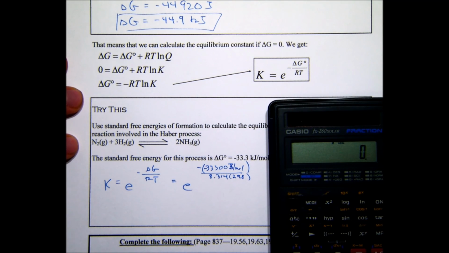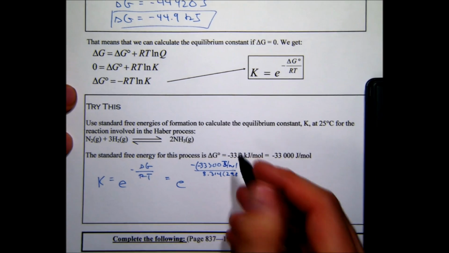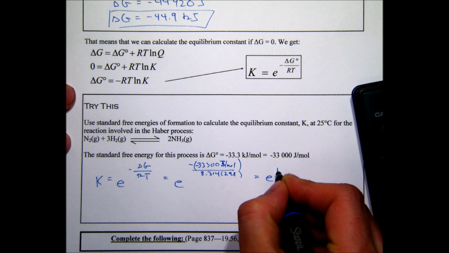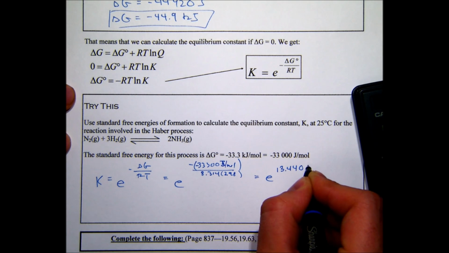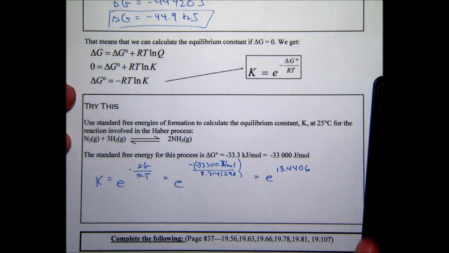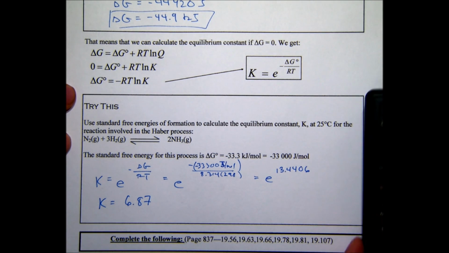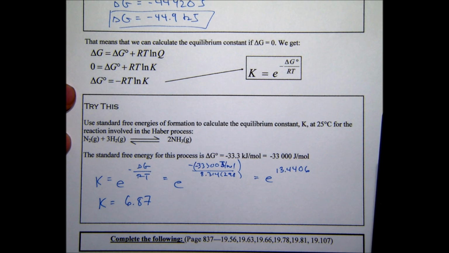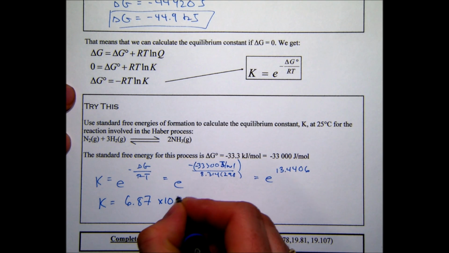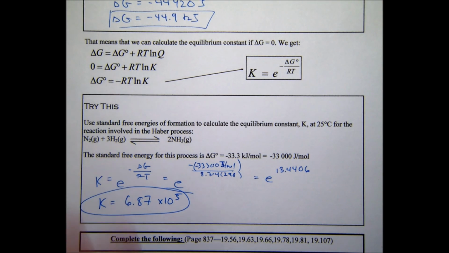So we do our calculation, 33,300 divided by 8.314 times 298. It's equal to e to the 13.4406. K is equal to 6.87 times 10 to the 5. There's your equilibrium constant.